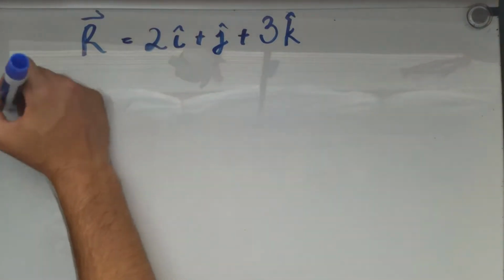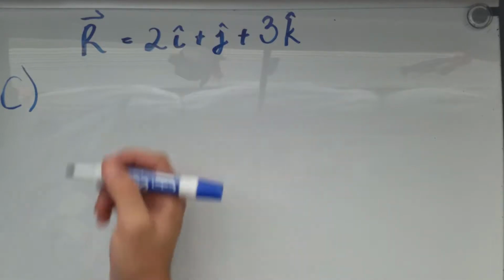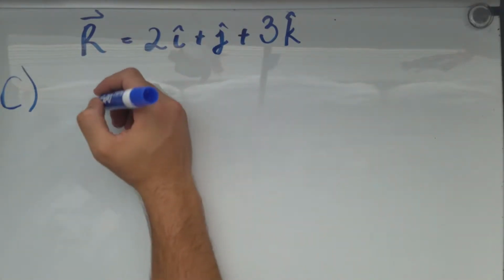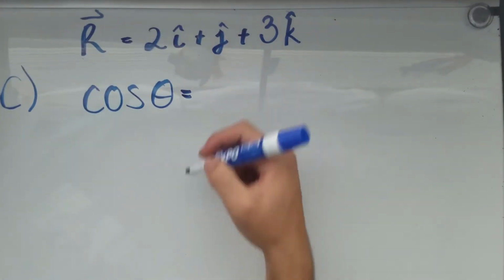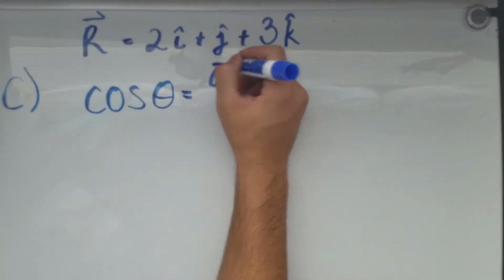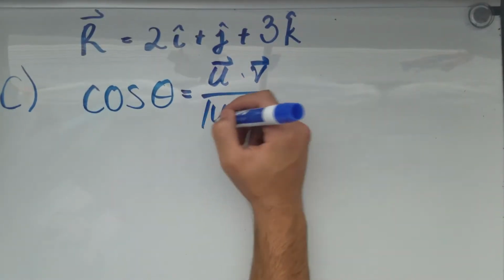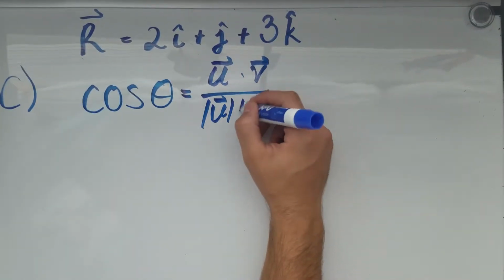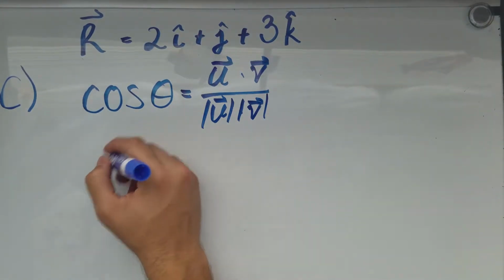And now for part C, we're asked to find the angle between vector r and the three axes, the x-axis, the y-axis, and the z-axis. To do that, let's write out some formulas. We have cosine of theta, which is the angle between two vectors, is equal to u vector dot product v vector, all over the product of the magnitudes of those two vectors.